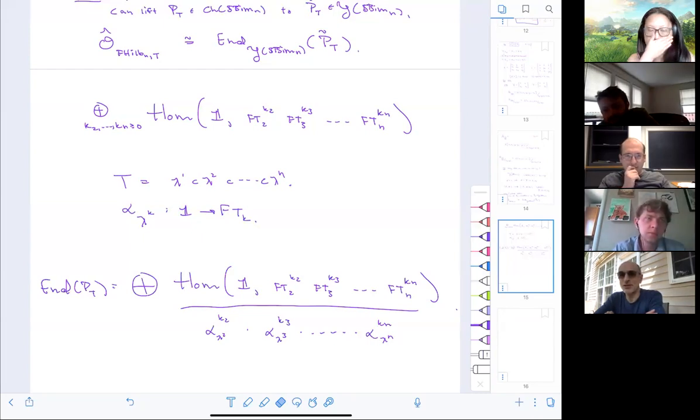One is the algebra of polynomials over a piece of the Hilbert or flag Hilbert scheme, but the other is when you start composing Homs between projectors. Even endomorphisms of a projector, they don't have to be commutative, do they? They do, yes. Oh, they are commutative.